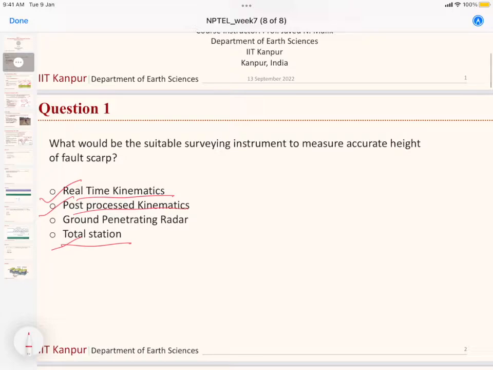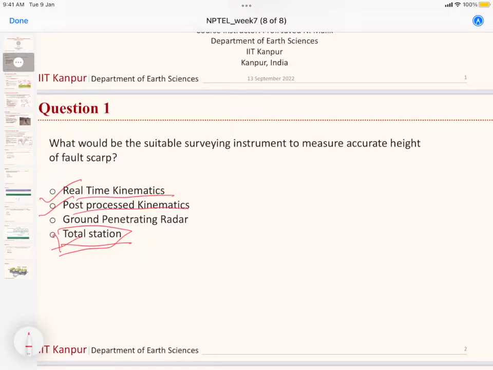Now tell me. Yeah, which is provided by the total station method. I hope you understood the logic behind it, like why we are marking the total station.